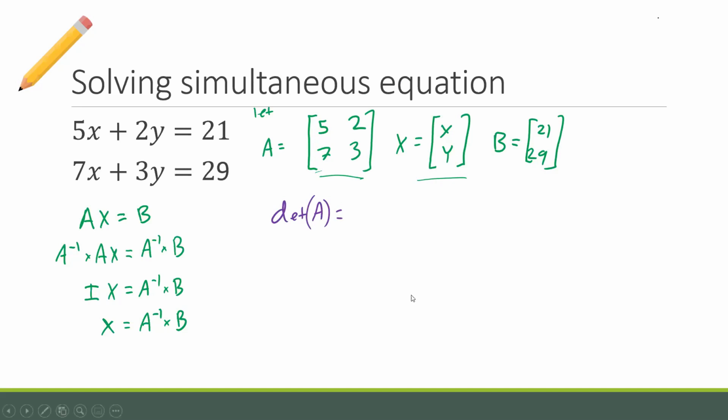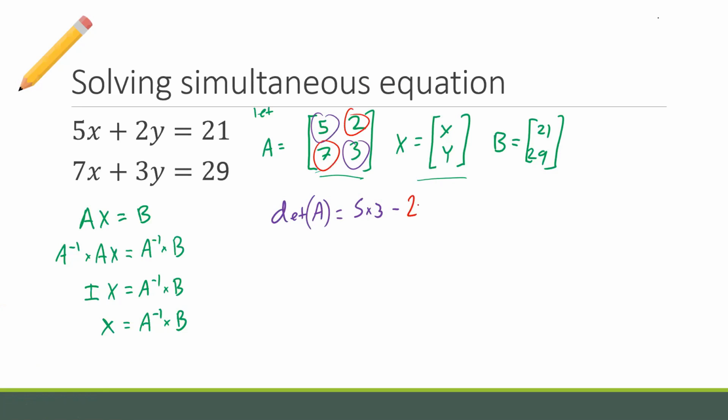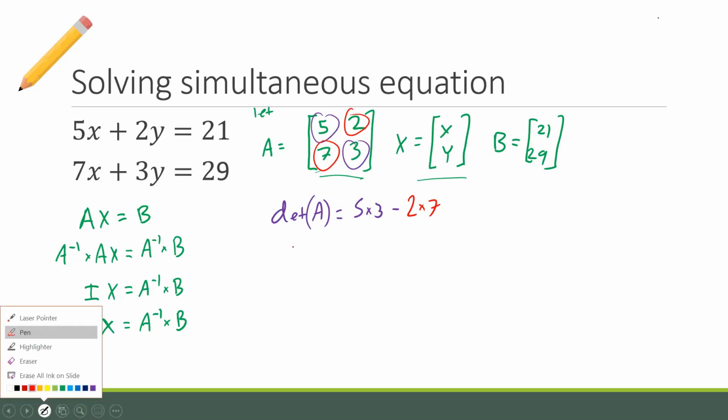And how did you calculate that? 5 times 3 minus 5 times 2, minus 14, which is 2 times 7.